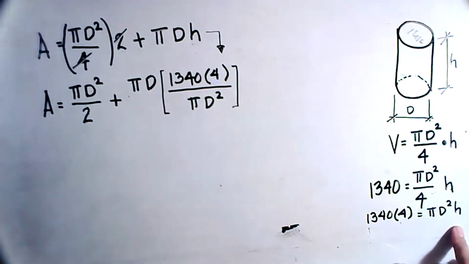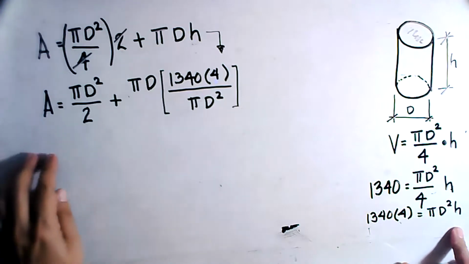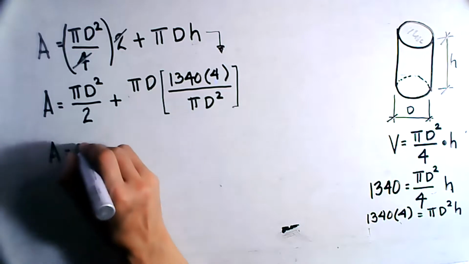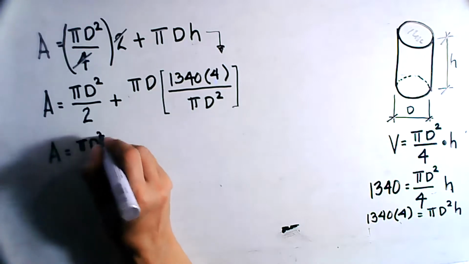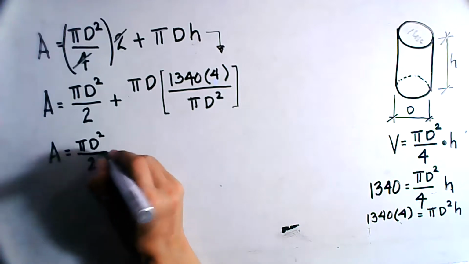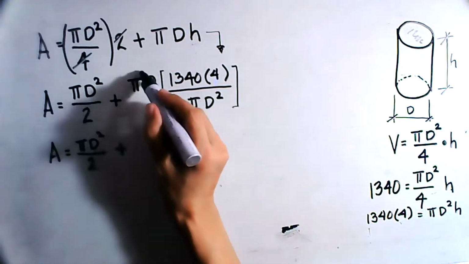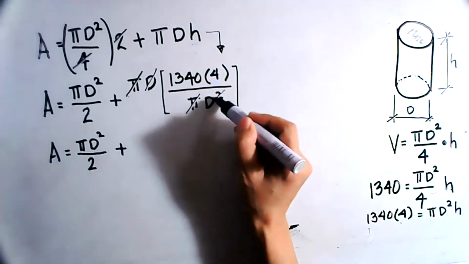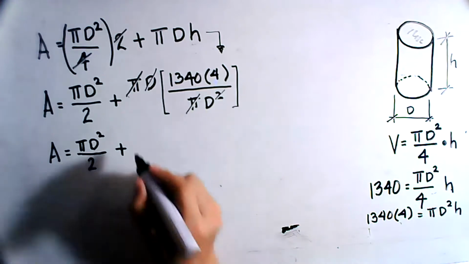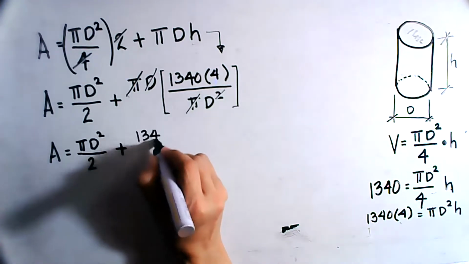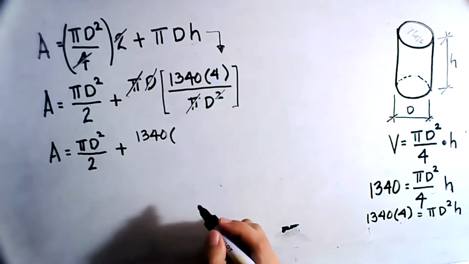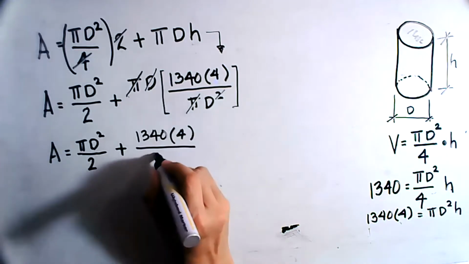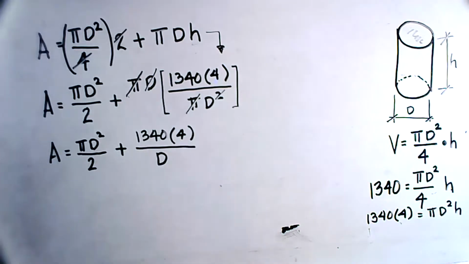Then we can now simplify this equation for the area. The area is equal to pi d squared over 2 plus, of course, you can cancel pi, and you can also cancel one of the d's. That would give us 1,340 multiplied by 4 all over the remaining variable d.